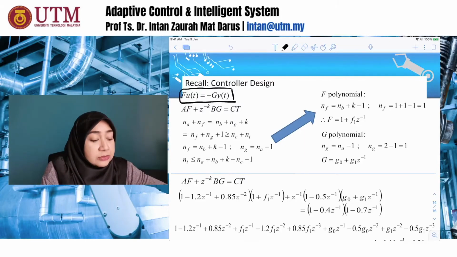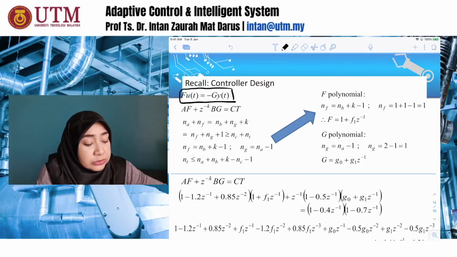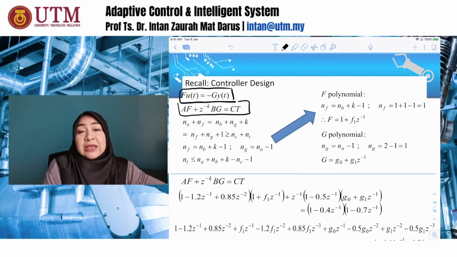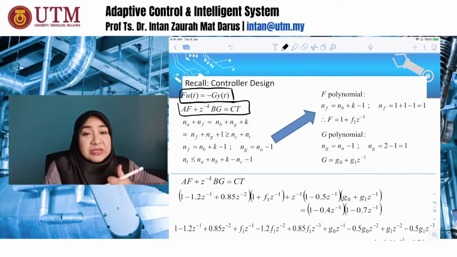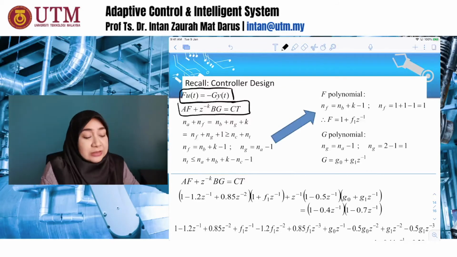Also, your design rule is that your characteristic equation AF plus z minus k BG must be equivalent to CT. C is to cancel the polynomial C, and T is to make sure your system is within the stable poles. You decided the stable poles just now to be 0.7.